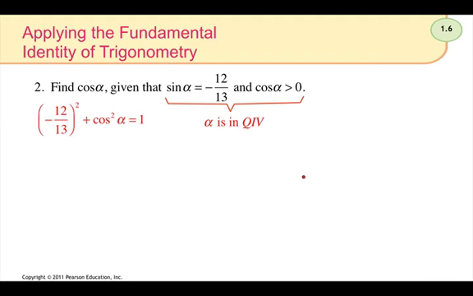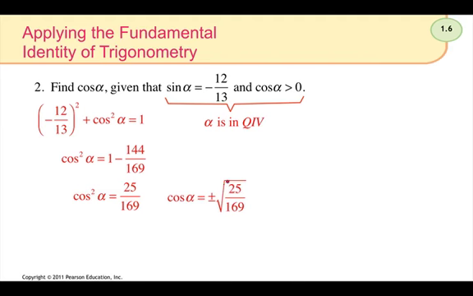This is what I get. Same process as number 1. I solve for cosine of alpha, do a little bit of pre-algebra here, take the square root of both sides, simplify the square root of this ratio, and I end up with 5/13. Why do I keep the positive? Because cosine of alpha is positive.